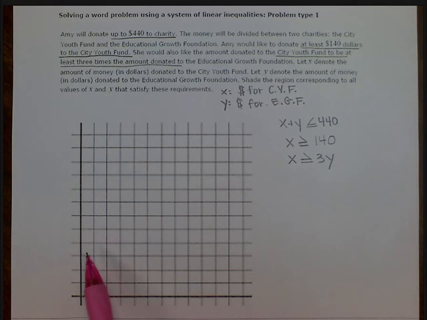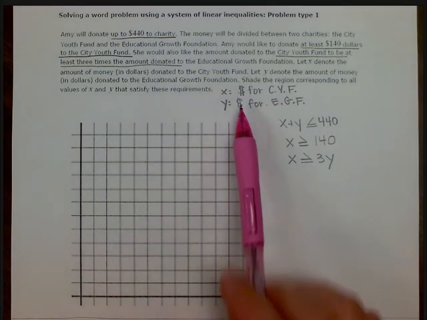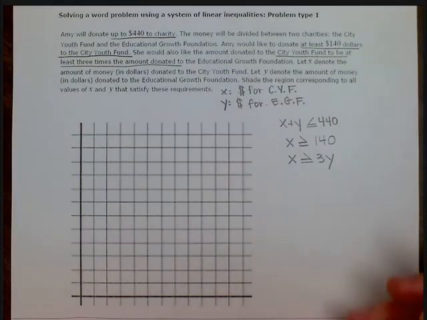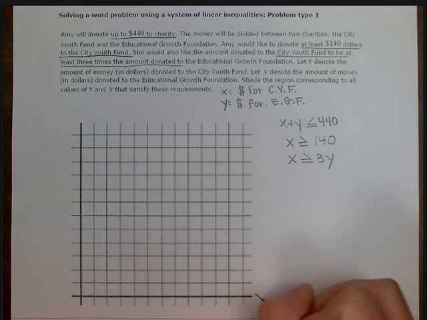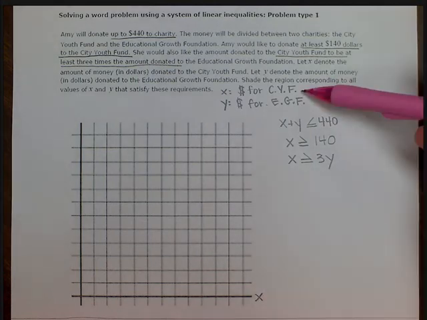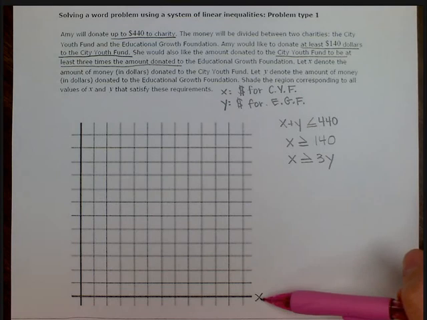Now, why wouldn't we need to see the other 3 quadrants here? Because we're talking about money, you can't donate negative money to charity. That would be the same thing as taking money from charity, which they don't let you do. So we know that as the absolute minimum, if X is here for the City Youth Fund, the absolute minimum she could donate is $0.